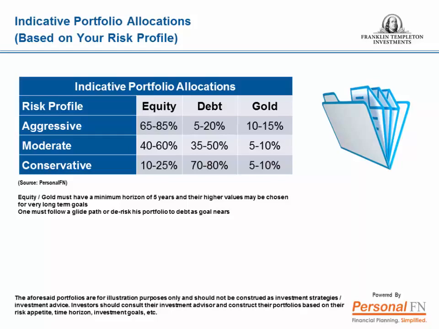Such investors should balance their portfolio between equities offering growth and debt to cushion the downside risk. If you are a conservative investor and are risk averse, seeing a loss in your portfolio is most likely going to make you uncomfortable. So you need to prioritize the protection of your capital. Depending on your age and investment time horizon, a major portion of your investments would be in debt.